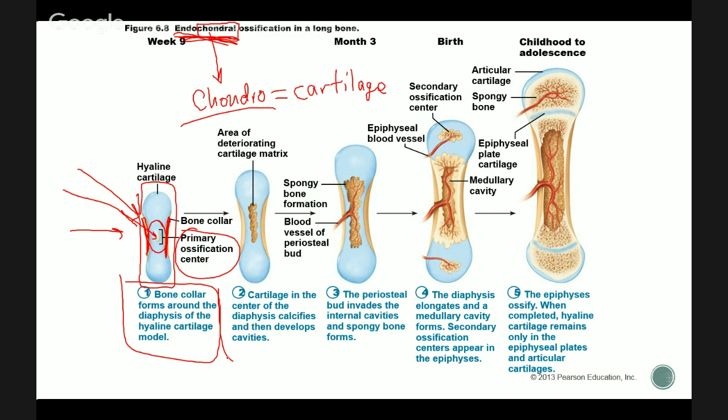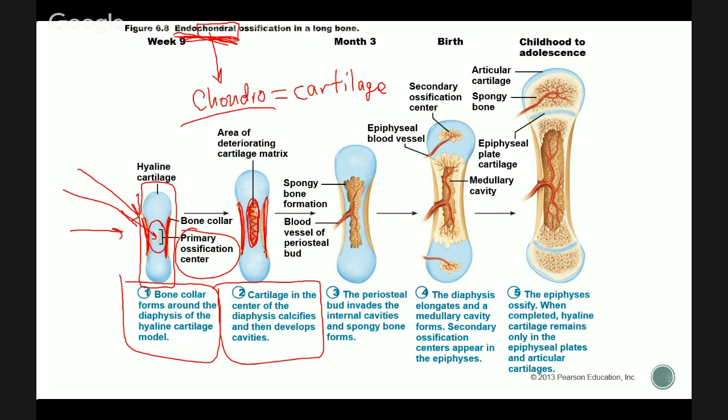What you see developing here is the deteriorating cartilage matrix being replaced with bone, and now we're setting up the medullary cavity inside. See this little hole in here? This is the medullary cavity, surrounded and lined by bone cells, and we have the bone collar here.